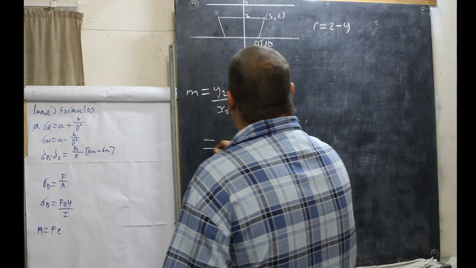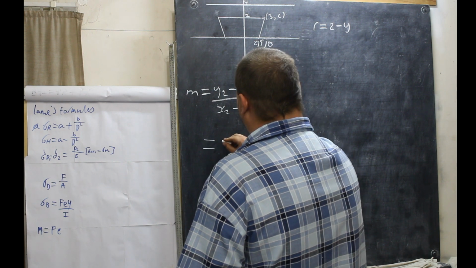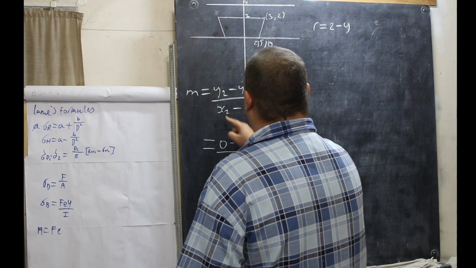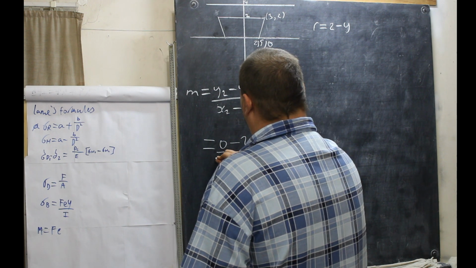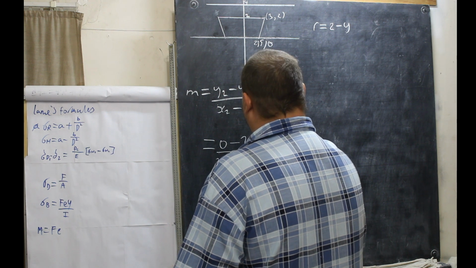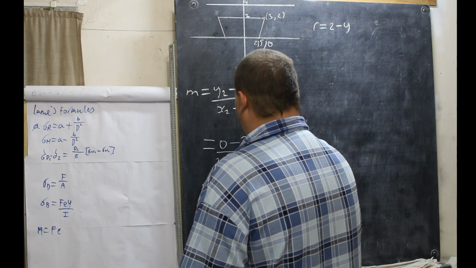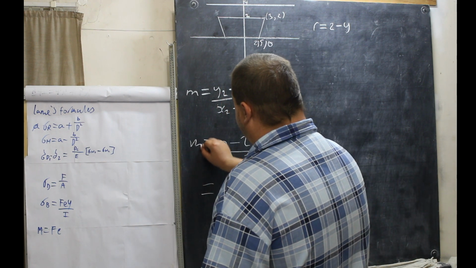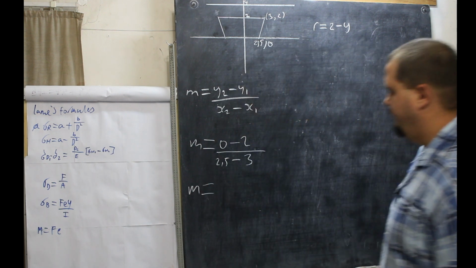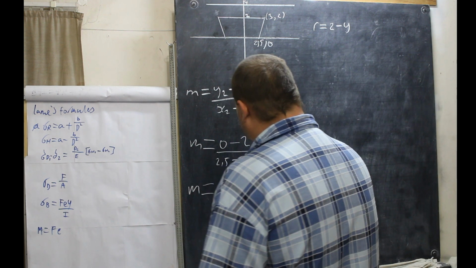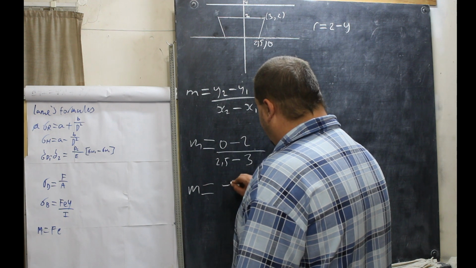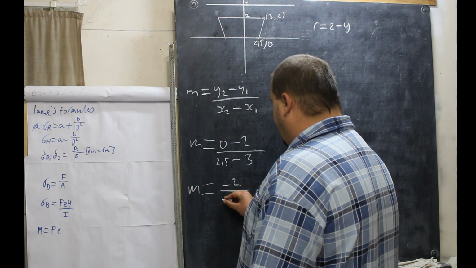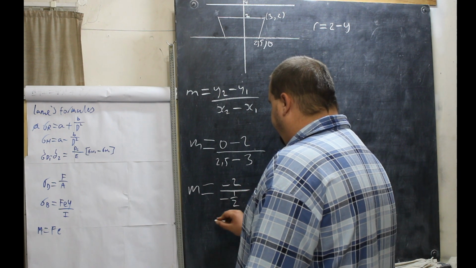So, y2 is 0 minus 2 over x2, 2,5 minus 3 equals M. So 0 minus 2 is minus 2, and 2,5 minus 3 is minus a half.